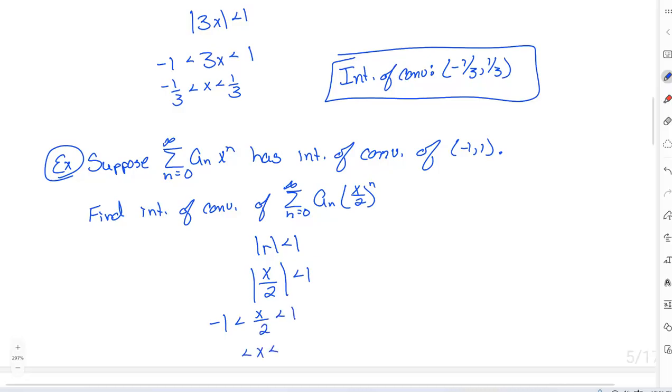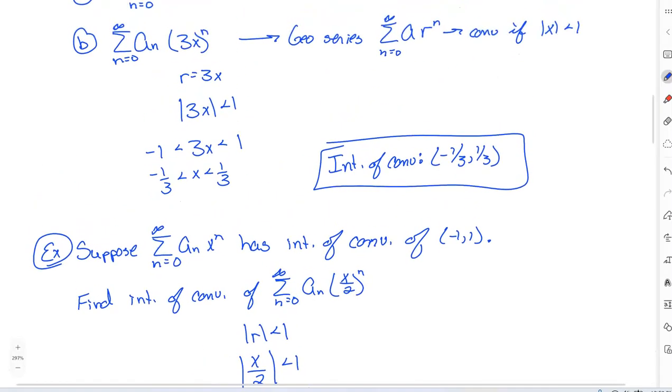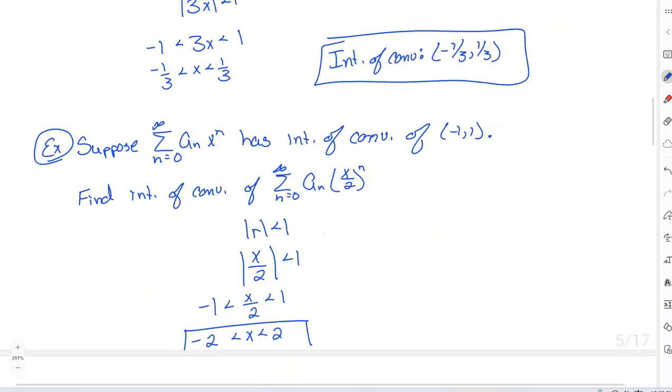If I solve for x by multiplying everything by 2, then the interval of convergence for the sum from n equals 0 to infinity of a sub n times (x over 2) to the n would be from -2 to 2. Okay, notice in every case we're comparing to a geometric series, which means we cannot include endpoints.